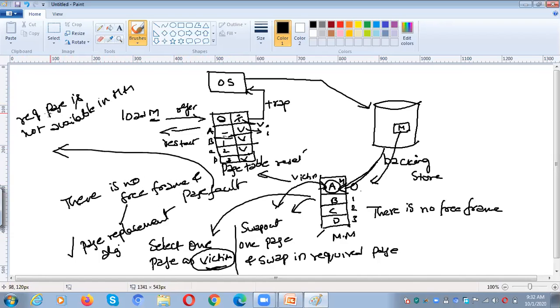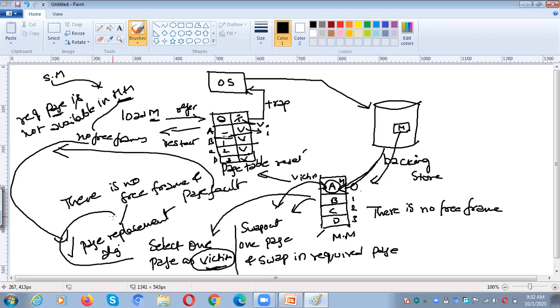So we need to bring this particular page from secondary memory to main memory. But in the main memory, there are no free frames. Whenever there are no free frames, we need to replace one page with the required page. Which page we select as the victim page will be done by the page replacement algorithms. Do you get my point?